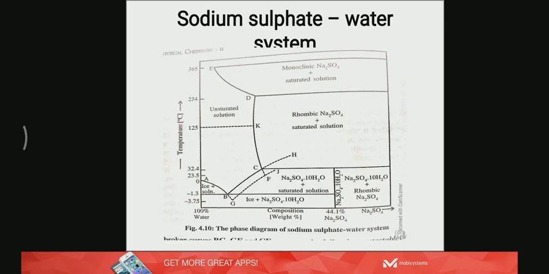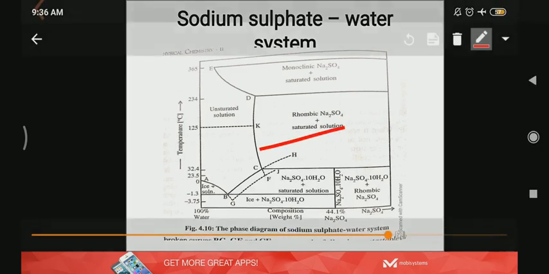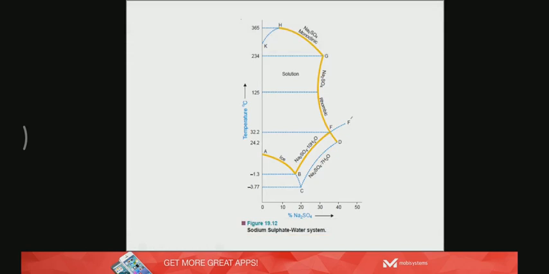Right. If you look at this diagram, you see, this diagram is more simple and you can clearly notice what are the phases which appear along various curves. It's clearly shown there.